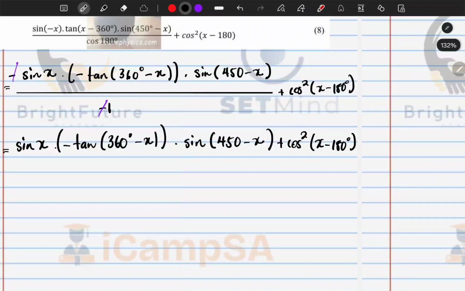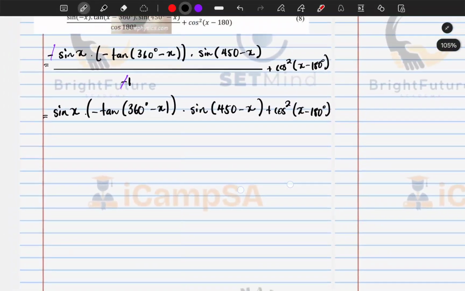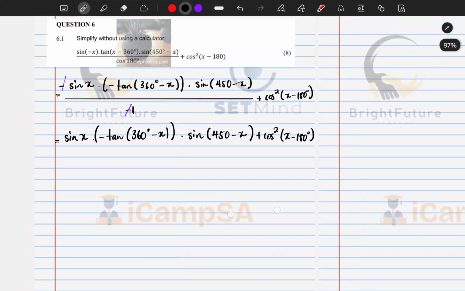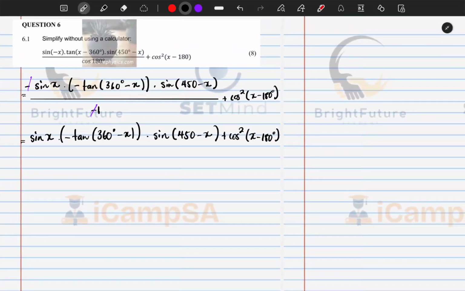So now if I remember my CAST diagram, where is 360 minus? I can always write this here. 360 is going to be here, this is 0 or 360. So going here, it's going to be 0 plus. Then here, it's going to be 360 minus. So 360 minus is in quadrant 4, and here, it's only cos that is positive. So it means that tan is going to be negative.